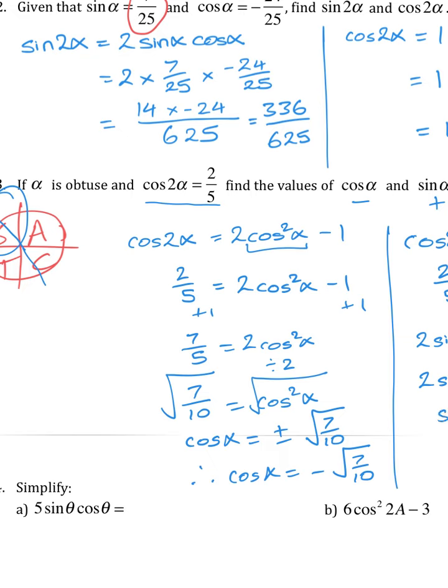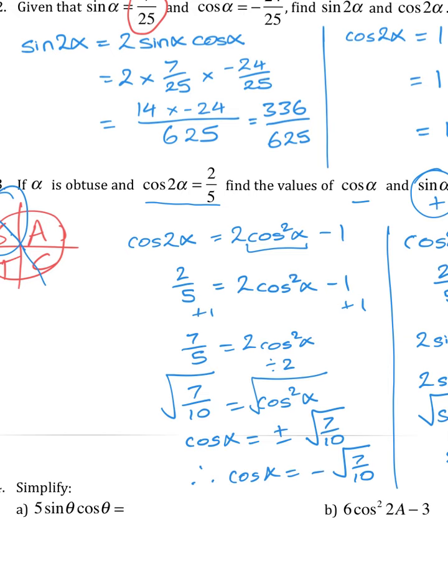Divide both sides by 2. 3 on 10. Square root both sides. I get sine alpha equals plus or minus root 3 on 10. But wait a minute, we said sine alpha was positive because we're in the S quadrant. Therefore, sine alpha is just root 3 on 10.